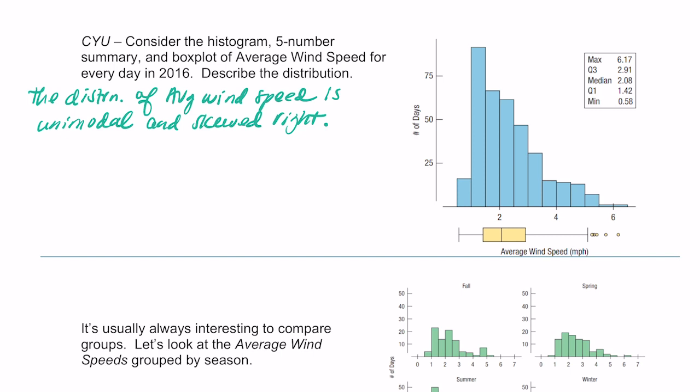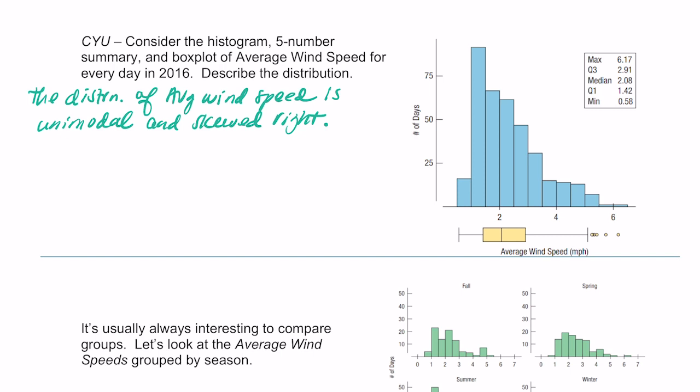So I want to talk about the center. Where is this centered about? We can see here that since it's skewed right, we'd want to use the median as our measure of center, and our 5-number summary tells us it was 2.08, and that's miles per hour. So the median wind speed was about 2.08 or 2.1 miles per hour, and since it's the median, that's your 50th percentile, so half of the days would have had a wind speed of about 2.1 miles per hour.